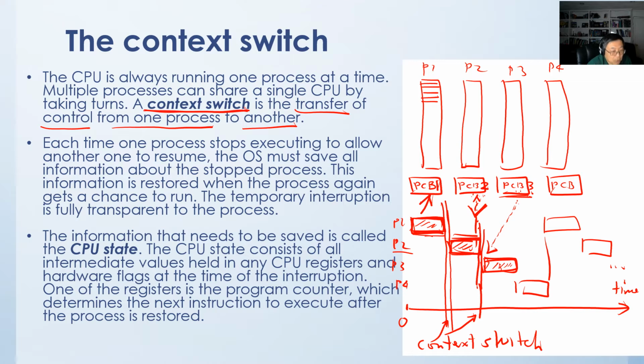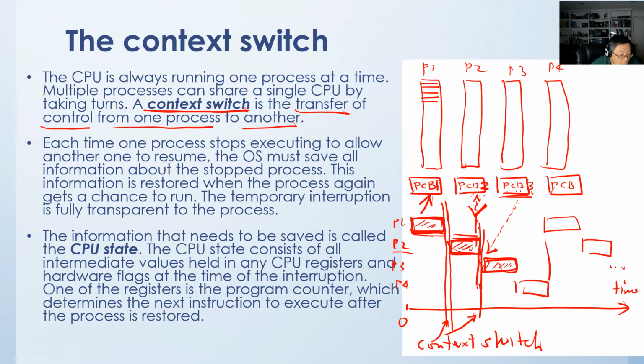And the context switching takes some time, because you have to save the state of the stopped process into the process control block, and load the information of the PCB of the next process into the CPU.